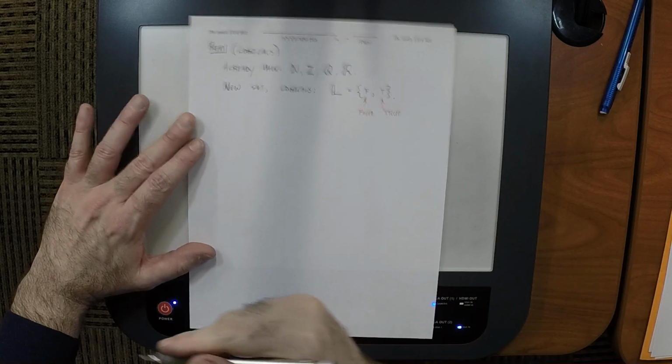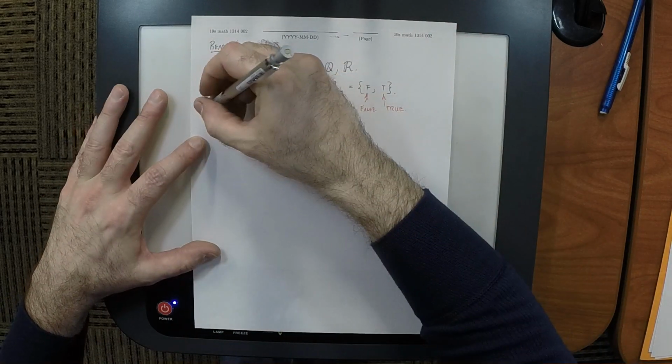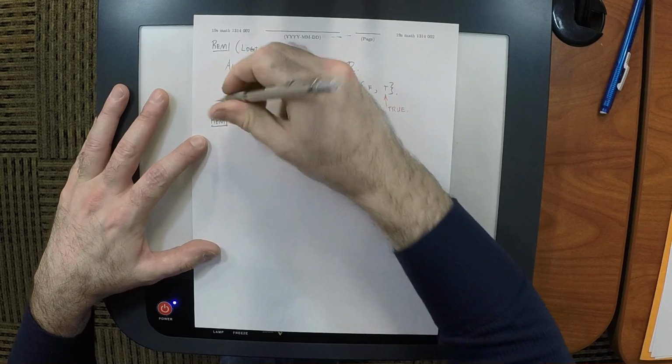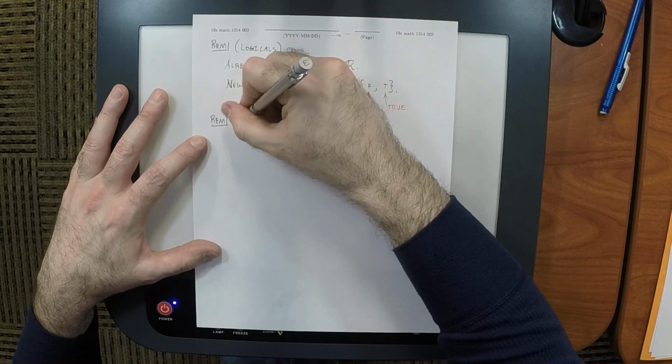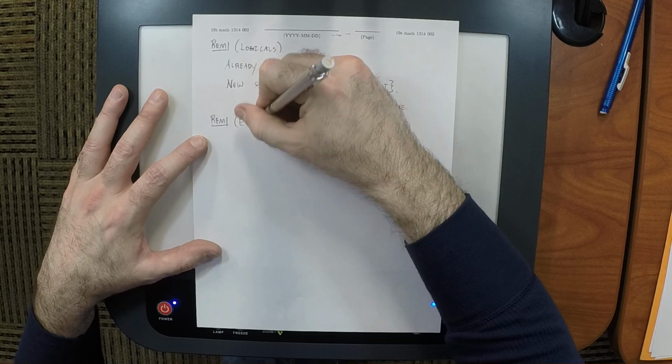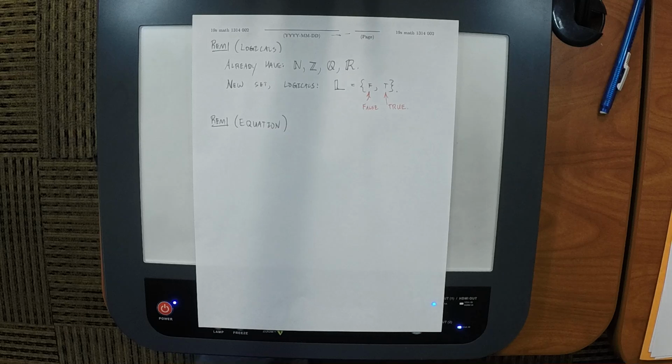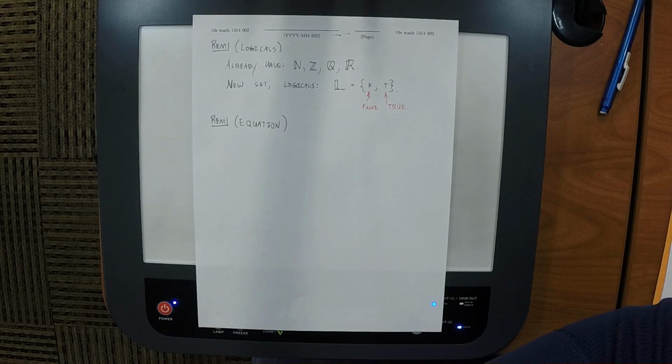The place that this comes up the most for us is in the following way. We're going to have the definition of an equation. Now we have used equations so far, but now we're going to get really into the fine details of it.